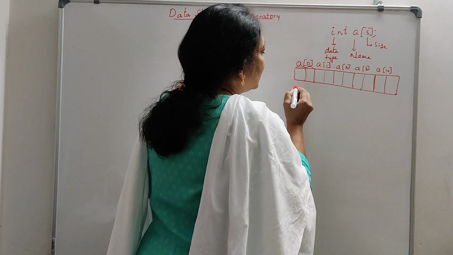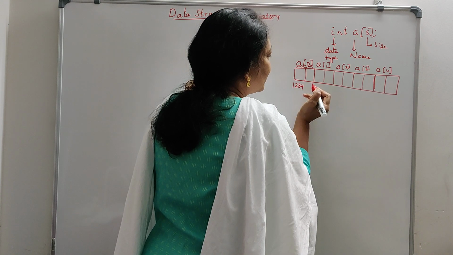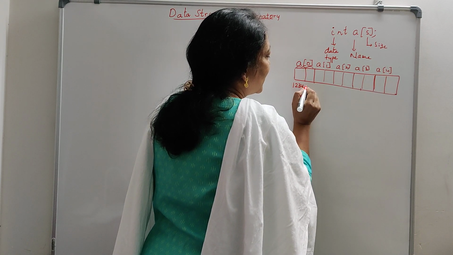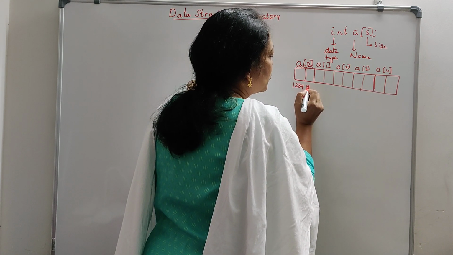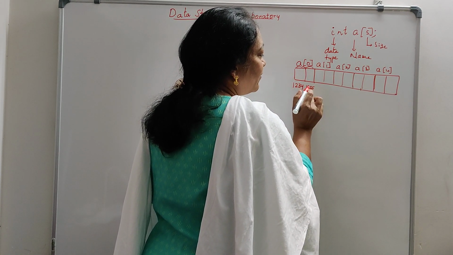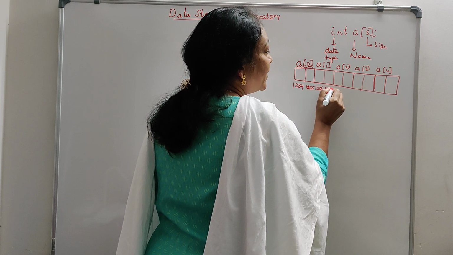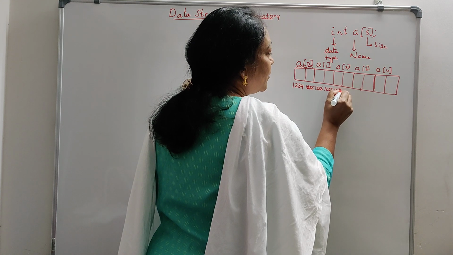Let us give some address to each byte. Let the address of the first element be 1234, because it occupies 2 bytes. So this is 1234, 1235, 1236, because all the elements will be in contiguous memory locations.